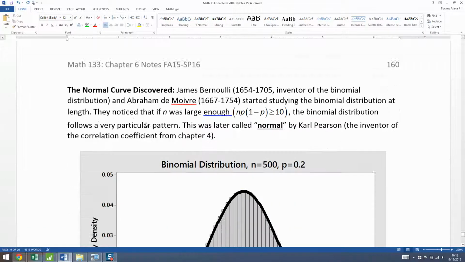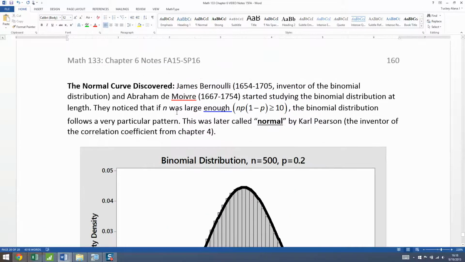And I just wanted to put in a little plug here for the history of this. So James Bernoulli, who lived from 1654 to 1705, was the inventor of, well, inventor is kind of a strange phrase, but he worked a great deal and was the first person to work with the binomial distribution. And Abraham de Moivre, who was alive from the 1660s to 1754, started studying that binomial distribution at length.